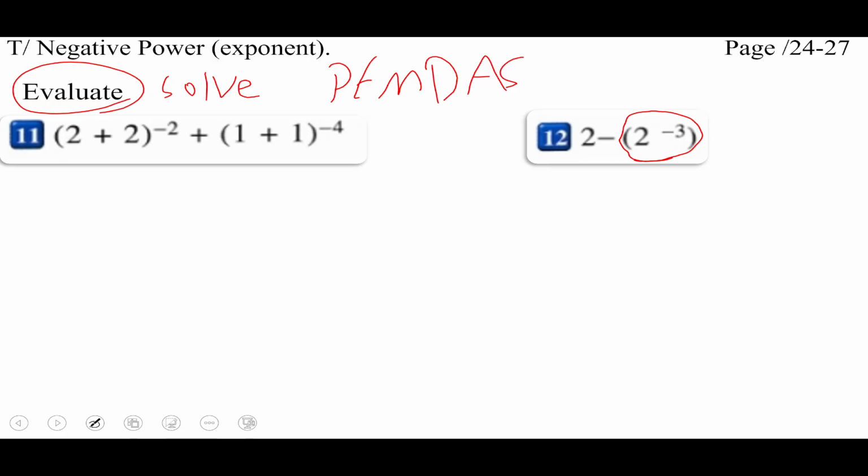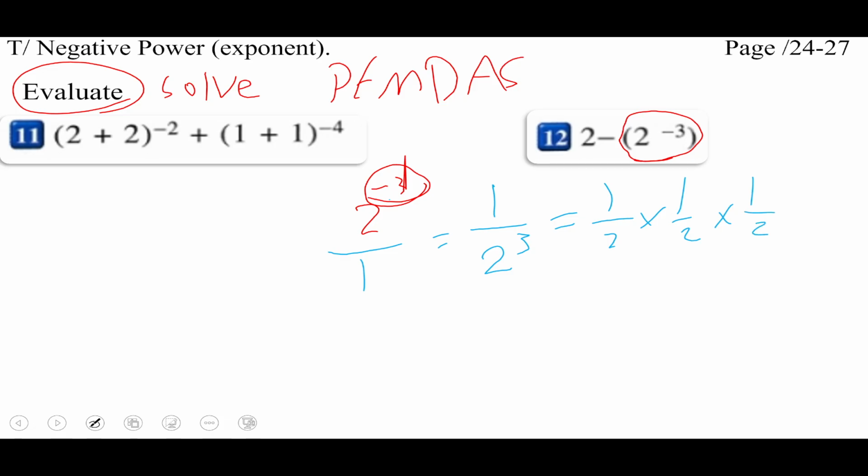To the power of negative 3, our power is negative. We need to change to positive by putting 1. So it's going to be 1 out of 2 to the power of 3. 2 to the power of 3 means 2 times 2 times 2, 8. So this one is 1 out of 8.